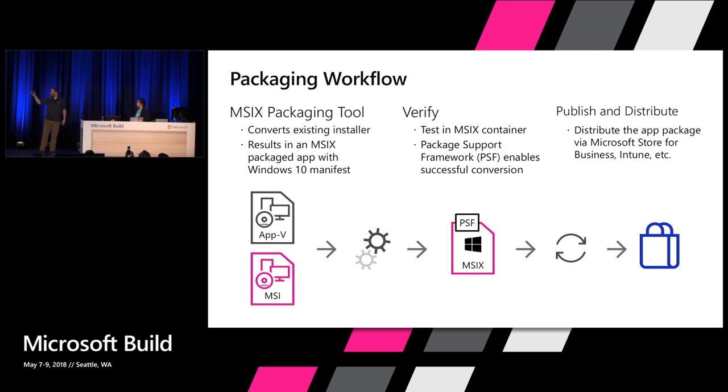You can throw it into the tools, either into our tools or the great tools provided by some of our partners, to package them as MSIX, to run them in the MSIX container. And then if needed, you can add the package support framework, if you have legacy apps that require any fix-ups there. At that point, your app would be ready to publish or for distribution.